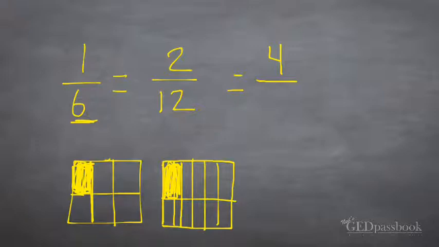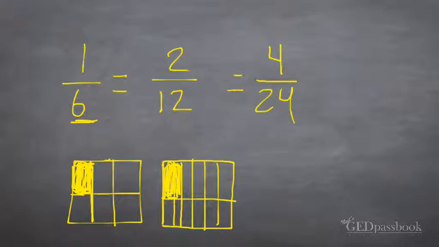Well, ask yourself the same question that we did. If I want to find this missing piece right there, what do I multiply this top part by to create that 4? Okay, so whatever you do to the bottom, you do to the top. Vice versa, whatever you do to the top, you do to the bottom. What's 12 times 2? 24. And just like that, you found another equivalent fraction.